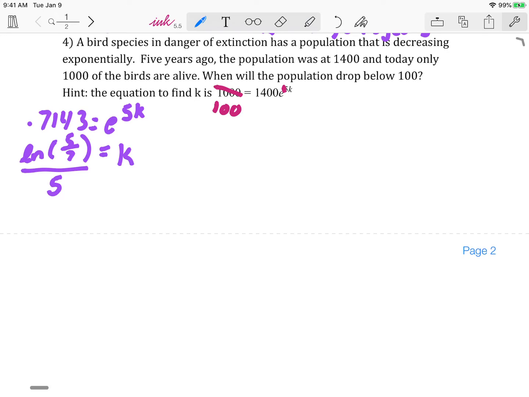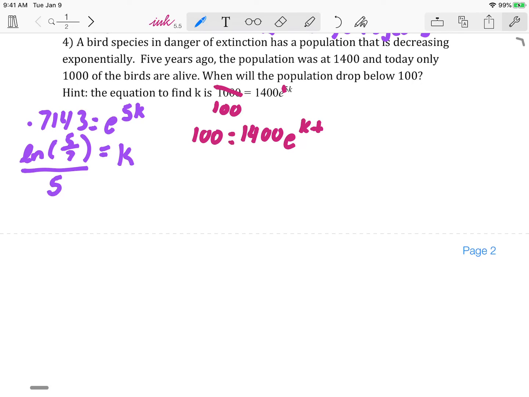It was at 1,400 and today is 1,000. So it didn't drop to 1,000 in 5 years. Sure, but I'm not talking about the 1,000. I'm now at 100. So I don't really know where I'm at there. So I have 100 equals 1,400 e to the k t, because my t is unknown. It's not 5 anymore. I don't know where we're at.